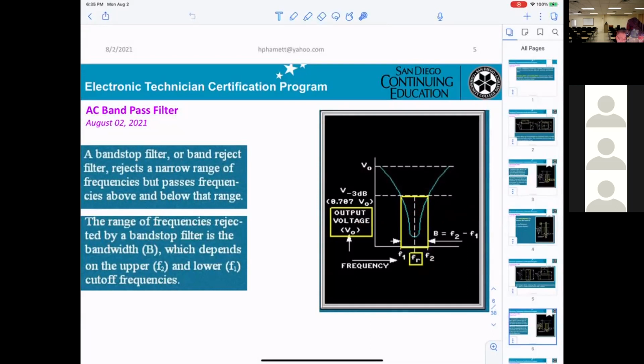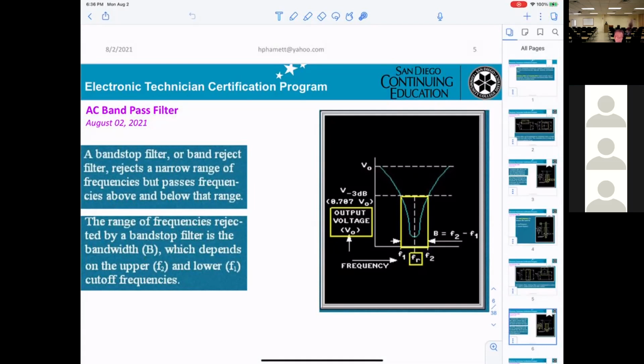A band stop filter, or band reject filter, rejects a narrow range of frequencies but passes the frequencies above and below that range. The range of frequencies rejected by a band stop filter is the bandwidth, which depends on the upper and lower cutoff frequencies.